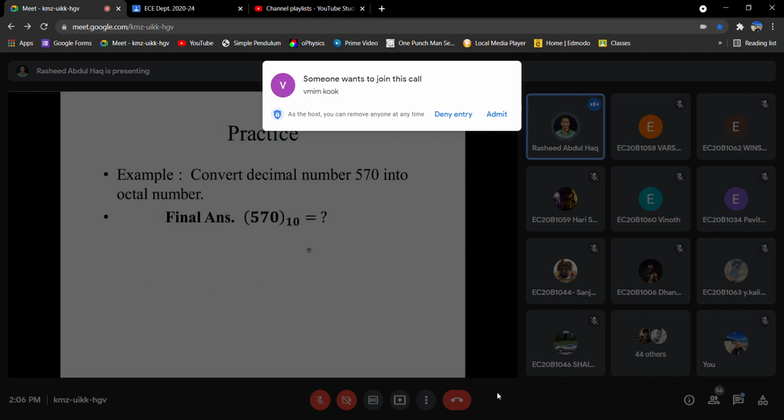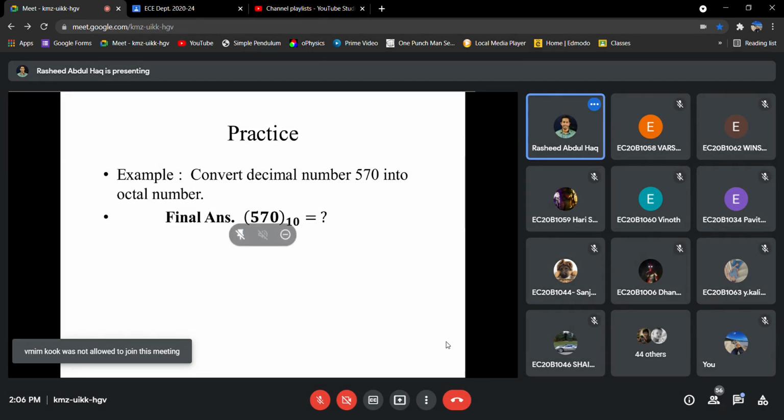So convert the decimal 570 into an octal number.